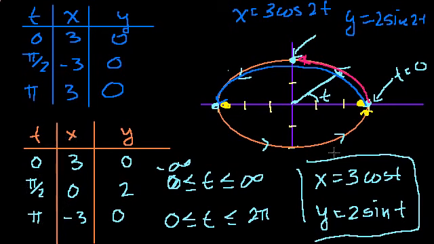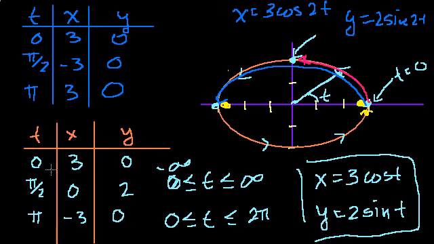So in our first situation, we established that both this set of parametric equations and this set of parametric equations have the same overall shape of their path. They're both this ellipse.